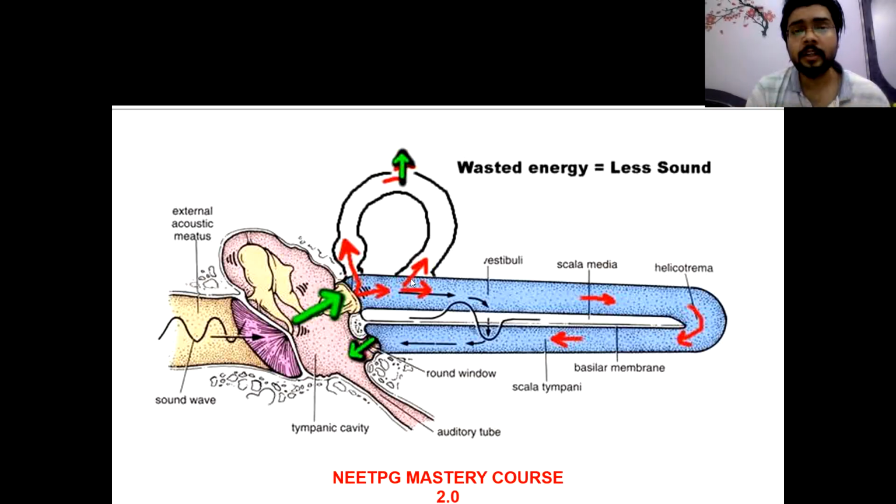Those were middle ear, tympanic membrane or external ear problems. But here it is the single inner ear deformity which is causing a conductive hearing loss. So that is why it is important, and AIIMS people have asked it. You should know more about it to counteract future questions.